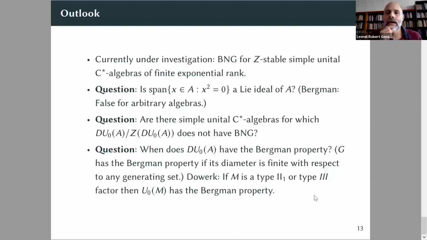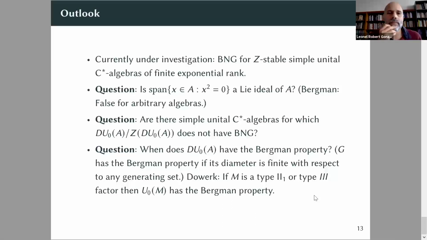I guess there is an unpublished counterexample by George Bergman for an arbitrary algebra. So it is not true for arbitrary algebras. But other than that example, I don't know.